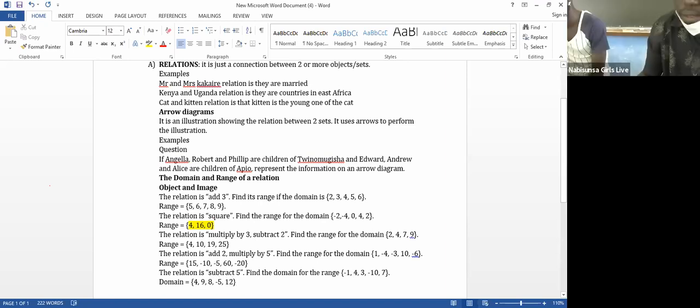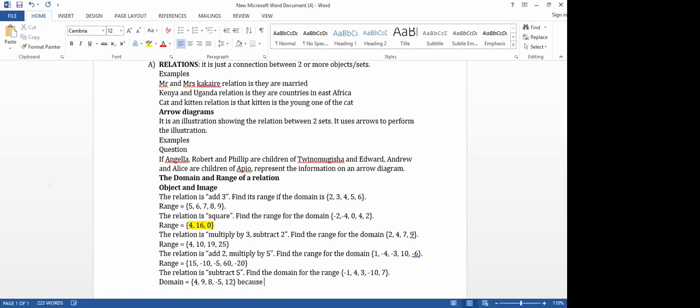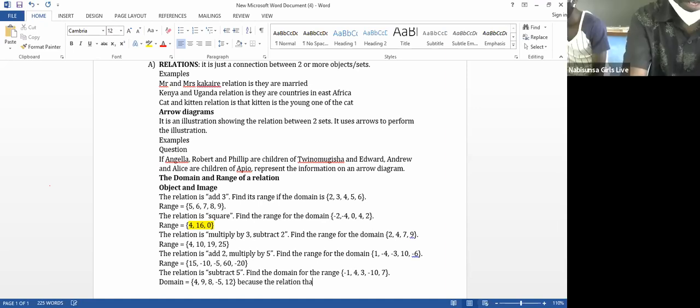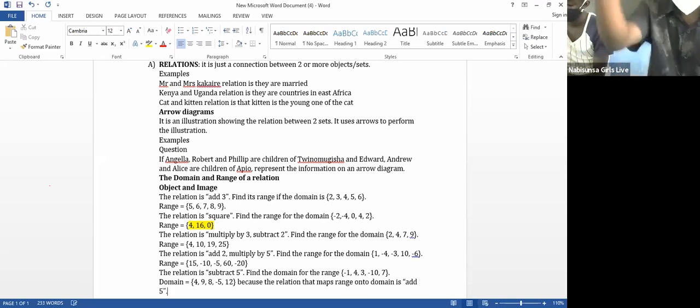Let me write it here: the relation that maps range onto domain is add 5.